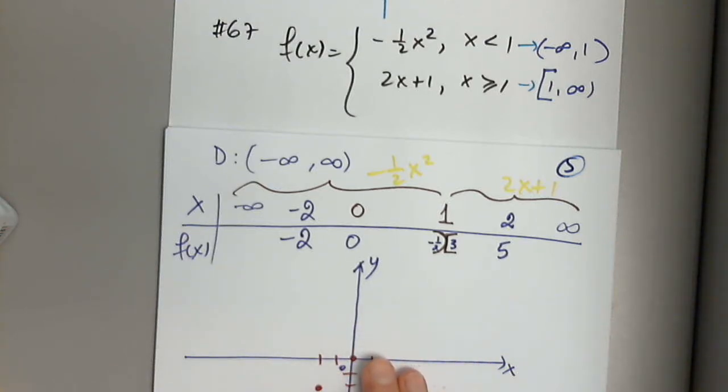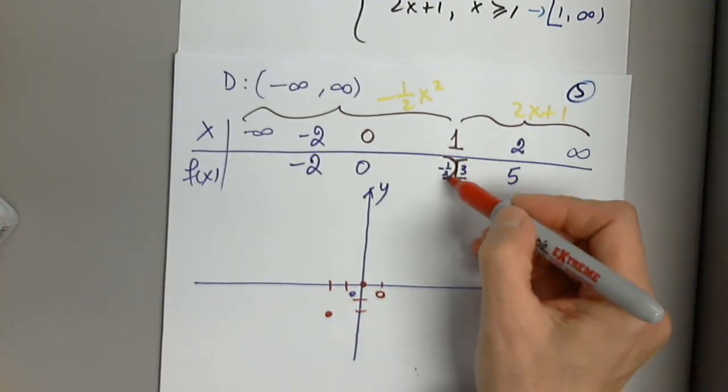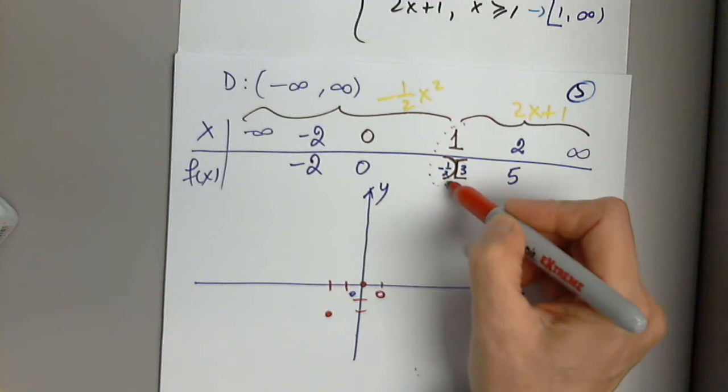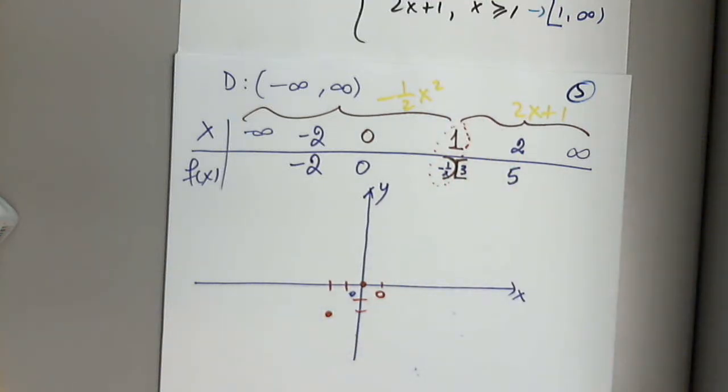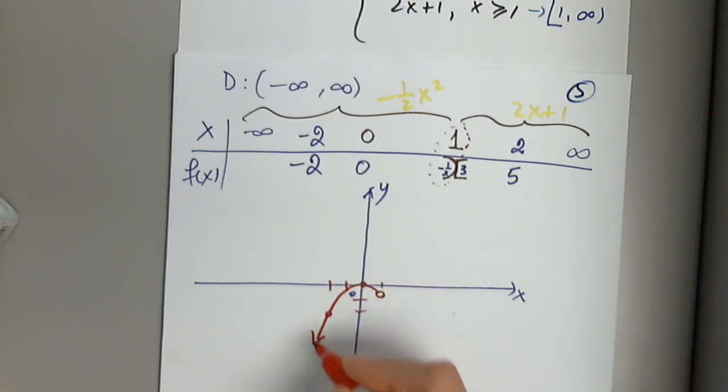What type of ordered pair is that? Open, because of the parenthesis. This ordered pair must be an open point. This is quadratic, so I'm graphing a quadratic function. As you see, I cannot extend it beyond 1. Next ordered pair, please.